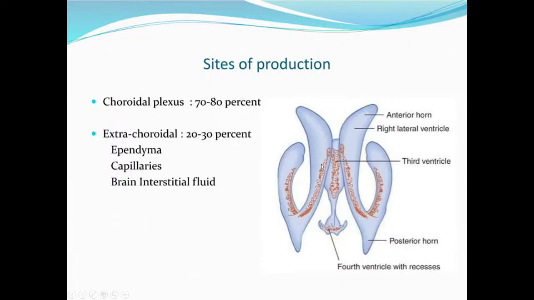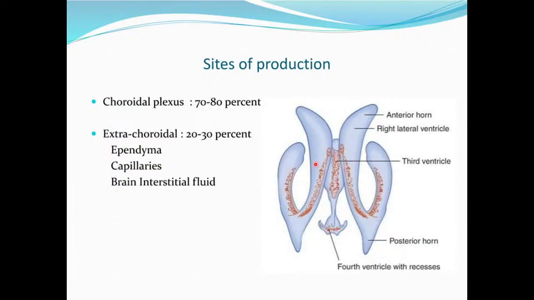This is a diagrammatic representation of the lateral ventricle. This is the frontal horn, this is the atrium, that is the temporal horn, and this is the choroid plexus.